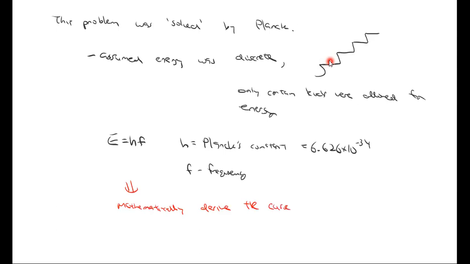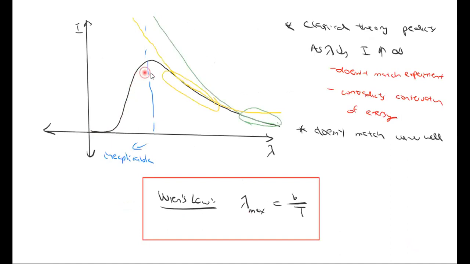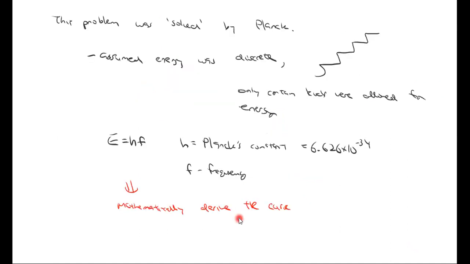He can find an equation to match this curve. He wasn't very happy with that, but he was happy that he was able to get the curve, but he's not happy with his assumption because he thinks that's ridiculous. And so this is essentially the start of quantum physics.